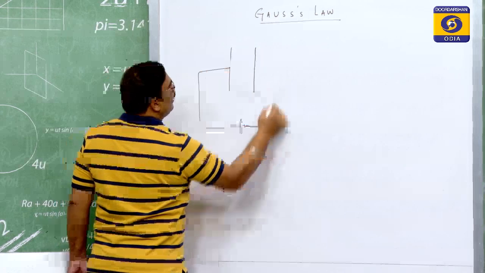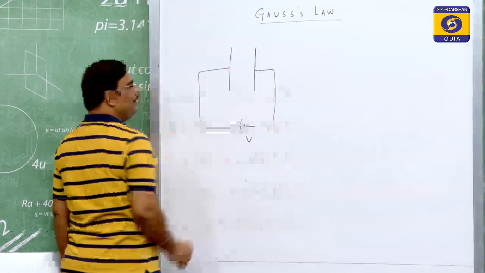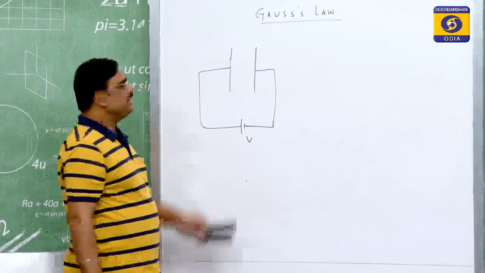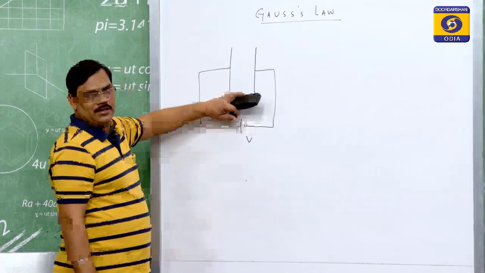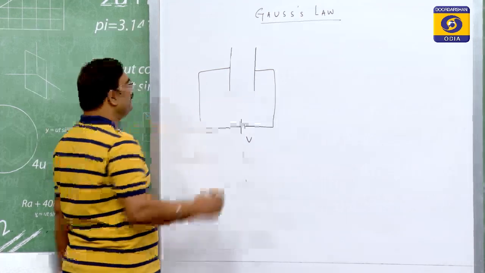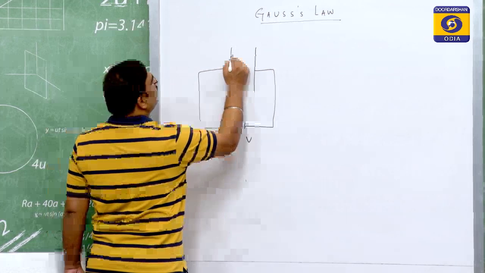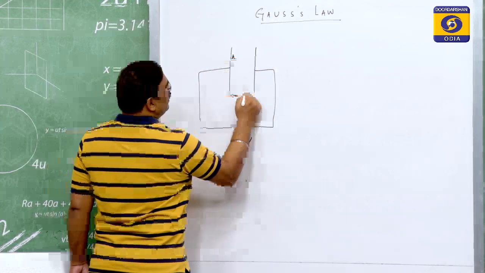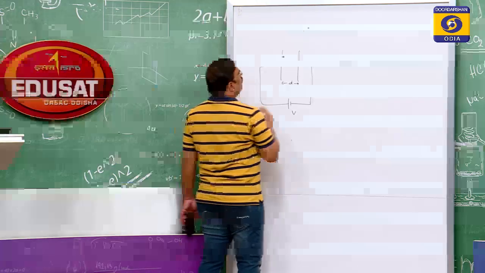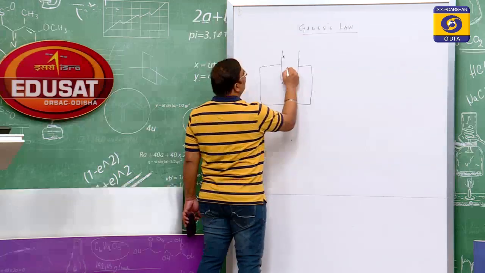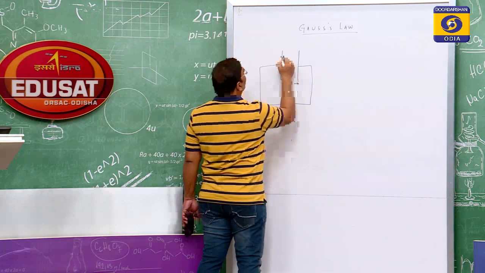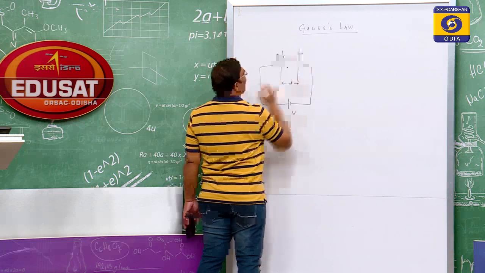I connect it to a battery of potential V. This is a parallel plate capacitor consisting of two parallel plates, each plate having area A and the plate separation D. Now, the electric field between the plates: this is my positive plate and this is my negative plate.